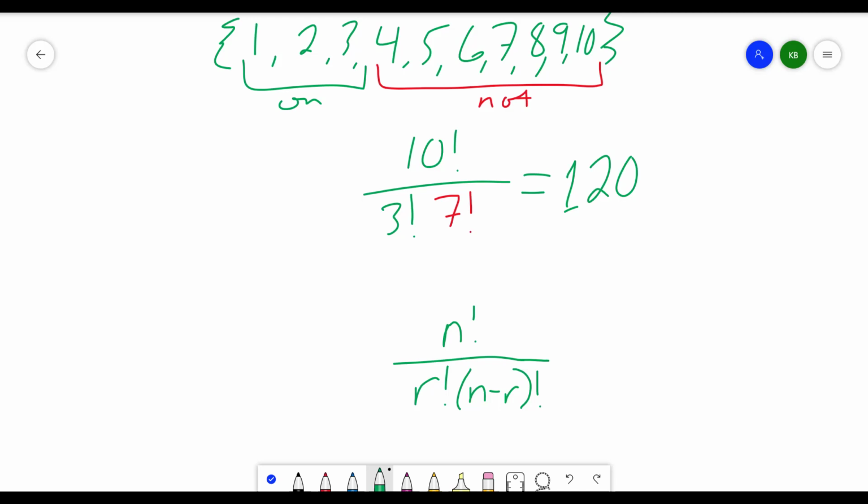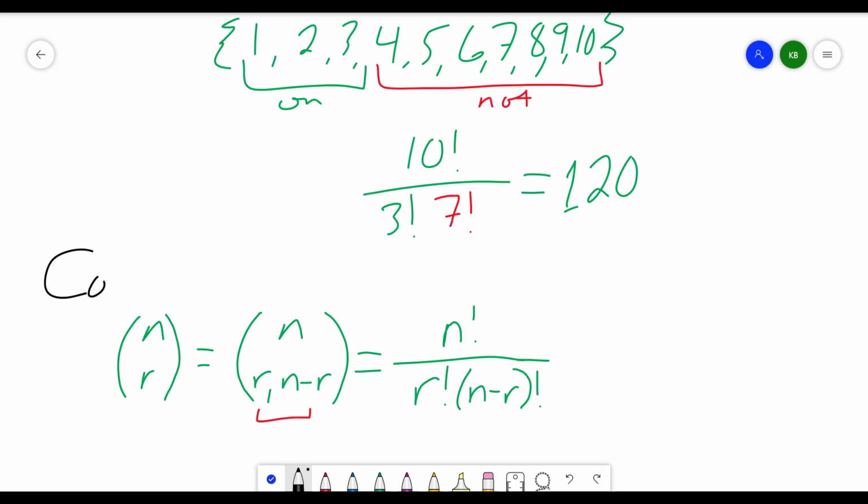So what I've essentially done is I've made a partition from 10 objects into R and n minus R. Because we always know R and n minus R, that n minus R depends on R, we actually write this as just n choose R. So we know we're choosing R of them, and we know that n minus R are not getting chosen.